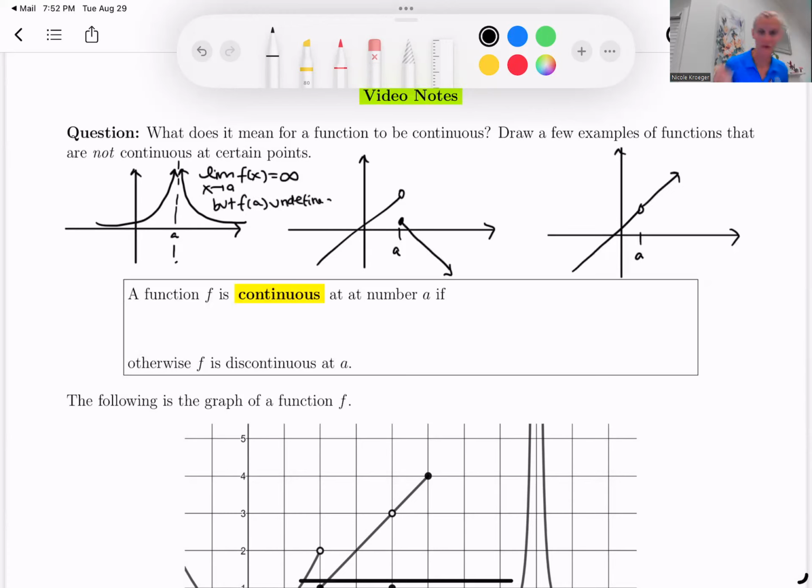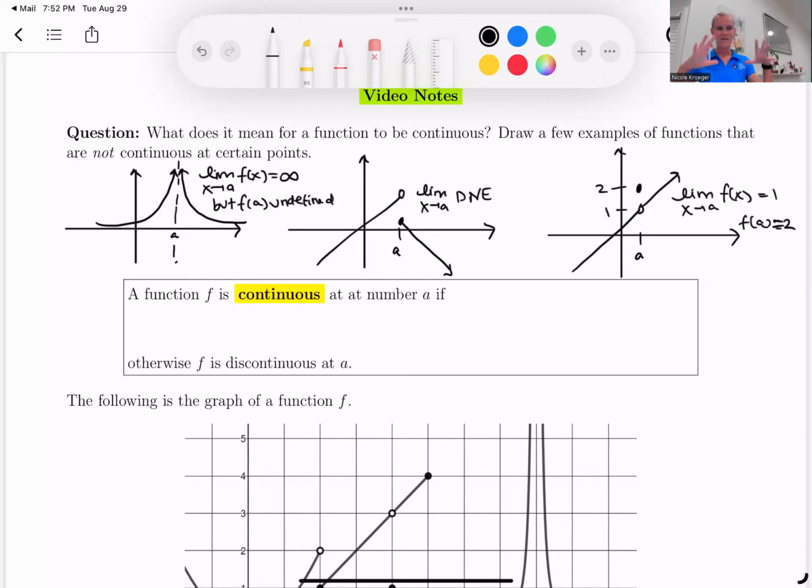So there's not a value for the function at that point because of that infinite discontinuity, or that vertical asymptote. This one here, the limit as x approaches a does not exist. Here, this limit exists. Maybe this value is 1 and this value is 2. So the limit is 1, but the value of the function is 2 at a. So the limit and the function disagree.